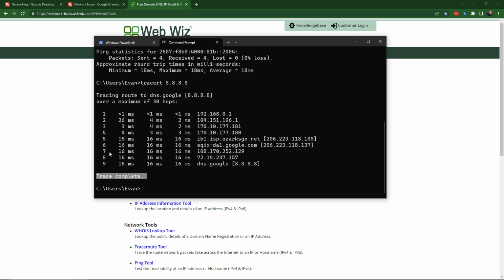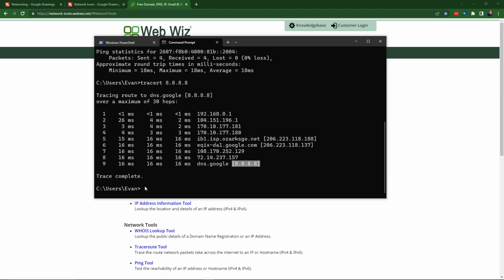It took 9 hops, all of these different devices here, to get to Google's DNS server, and it happens so fast. Like you don't even notice how fast it goes because we're pretty much at the web page by the time we're done typing it and hitting enter. So that's the traceroute command that traces the route of the data as it goes through the different networks.